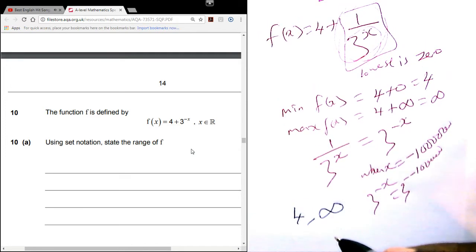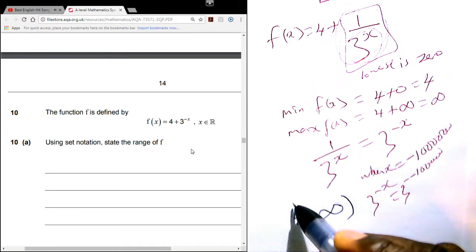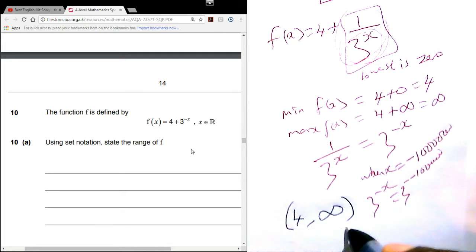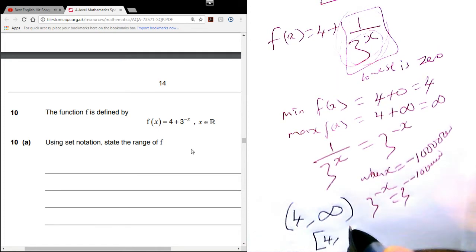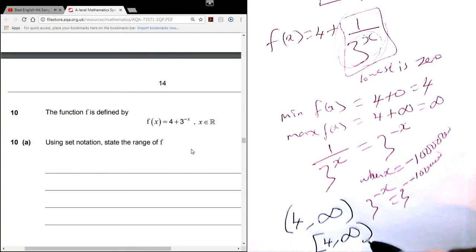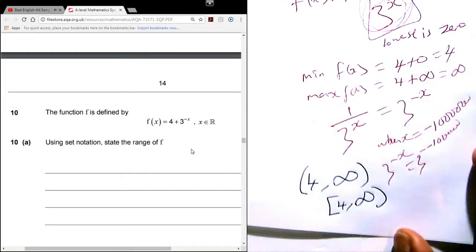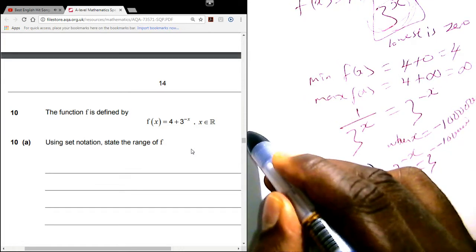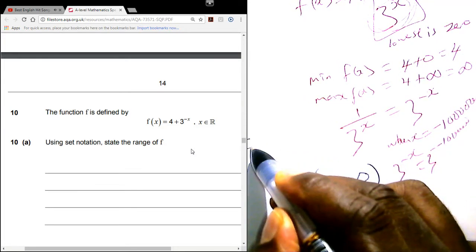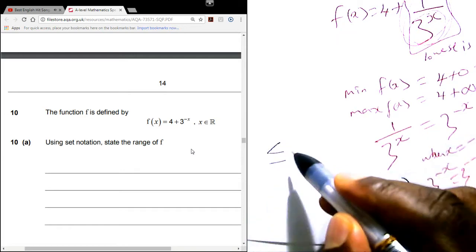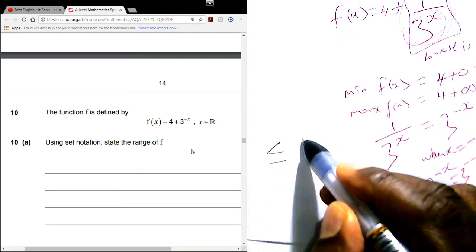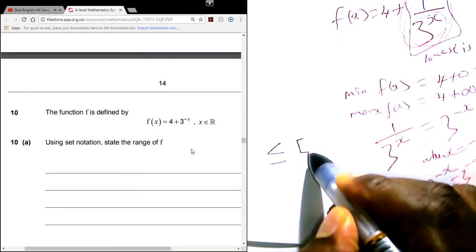But then the problem is, do you want to put a round bracket on both sides, or would you put a square bracket on the 4 and the round bracket, or what? So here's something I need you to know today. When we talk about less than or equal to, that's a square bracket.